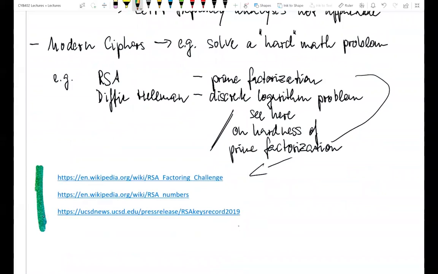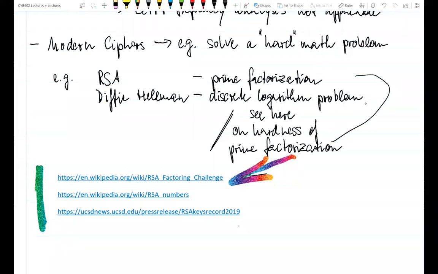And it touches on the prime factorization problem. It turns out that RSA is a very popular public key cryptography system.